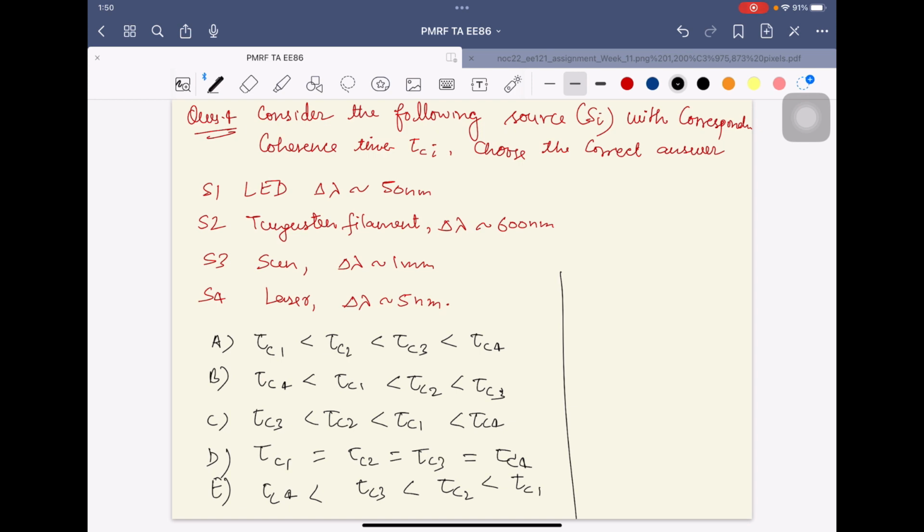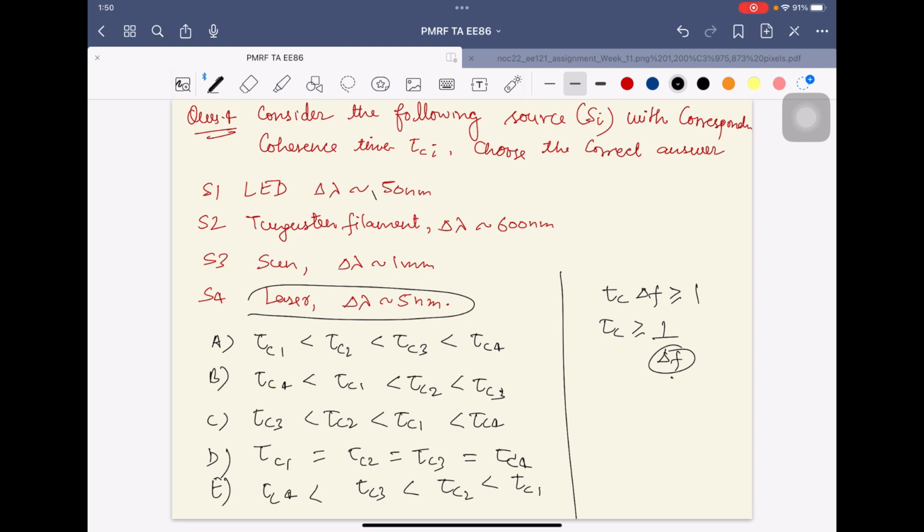So as I earlier told you, tau c times delta f should be greater than 1. So tau c is somewhat greater than 1 by delta f. Whatever delta f is less, tau c will be higher. So the laser will have the highest tau c.